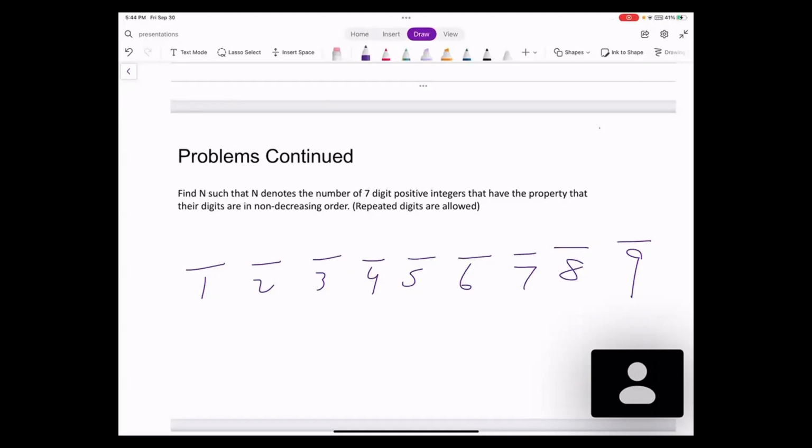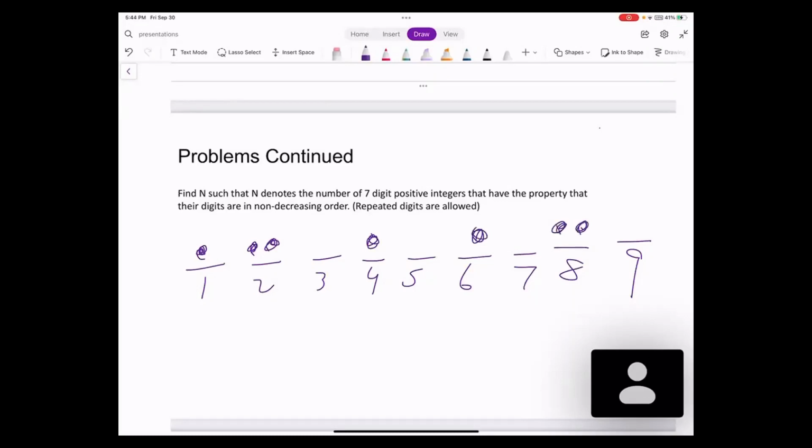Okay, so the way that we can find the 7-digit integer is to just place stars into each of these 9 bins, and that will give us the number of possibilities there are. For example, we can place maybe 1 star in this bin and then 2 stars here, maybe another one here and here, and in total there's 7 stars.